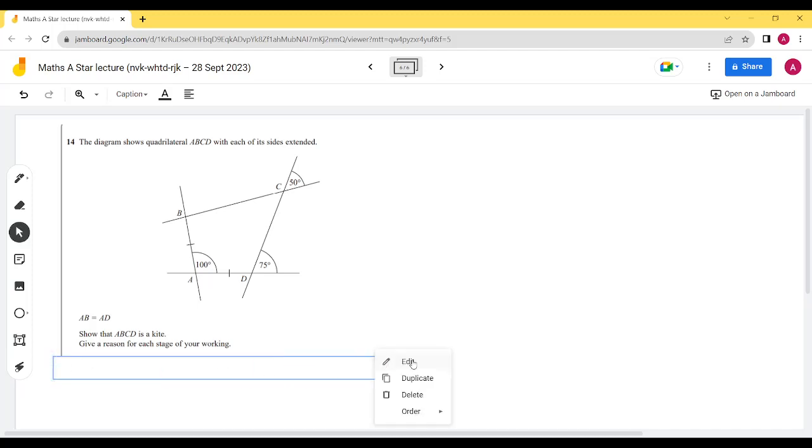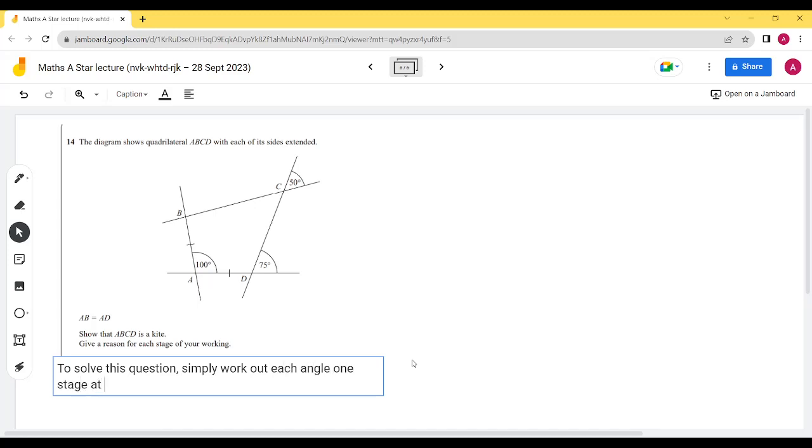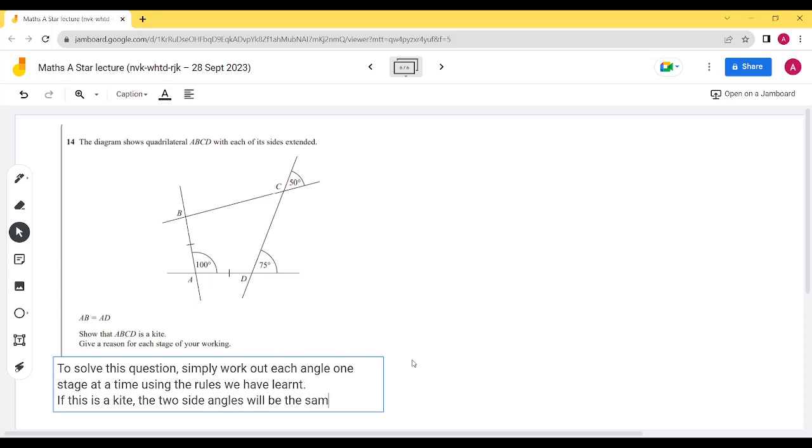To solve this question, simply work out each angle one stage at a time using the rules we have learnt. And then if this is a kite, the two side angles will be the same.